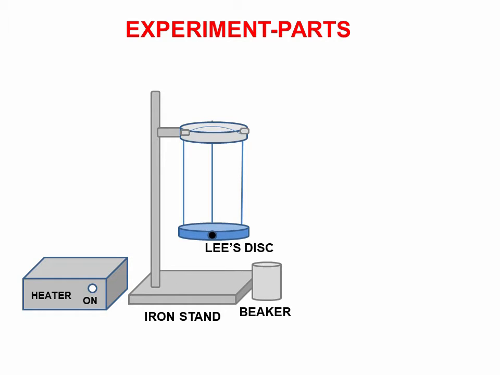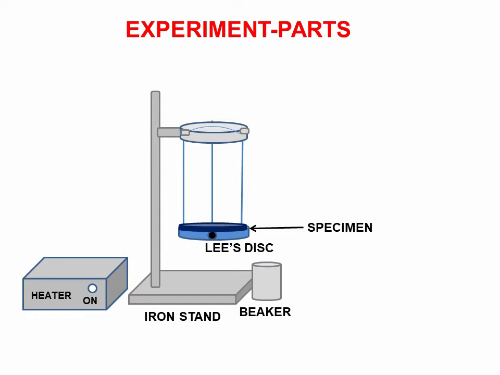It has a hole in which the thermometer can be inserted to measure the temperature of the Lee's disc. The specimen whose lambda is to be determined is placed over the disc. The radius of the disc and the specimen should be the same.